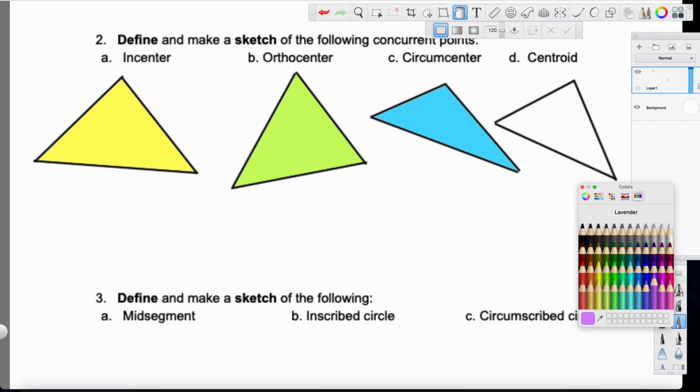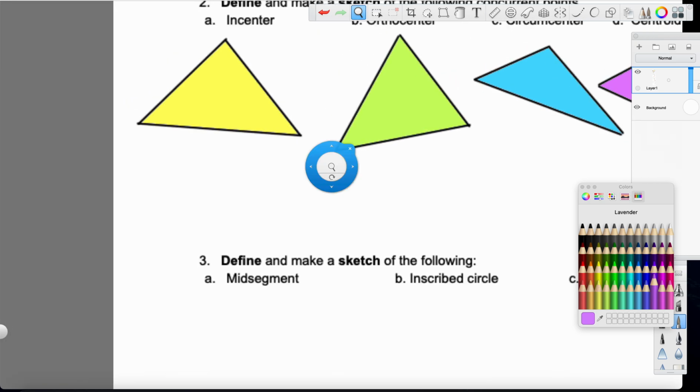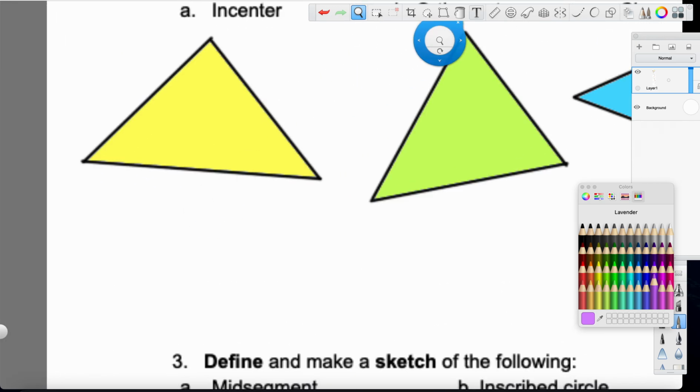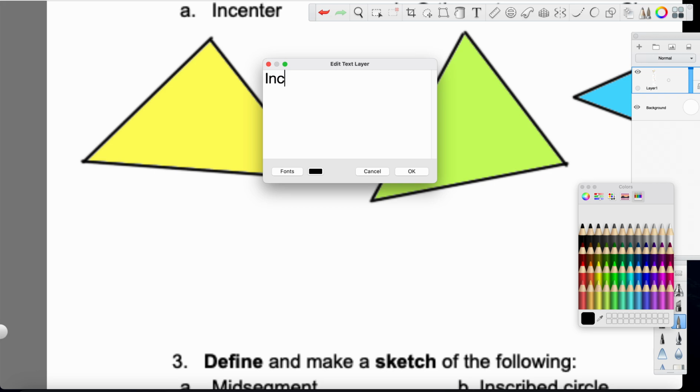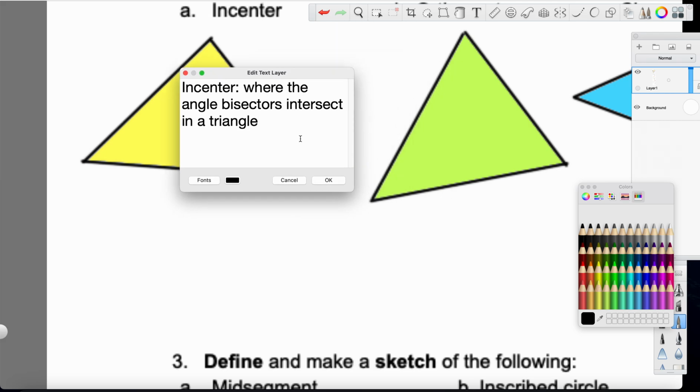Okay, nice pastels. Okay, so incenter is where the angle bisectors intersect in a triangle. Incenter, angle bisectors. There it is.